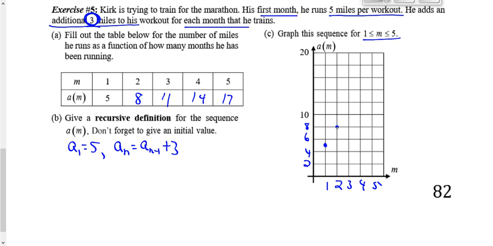Then 3 was 11. Then 4 was 14. And then 5 is 17. Are we going to connect it with a line? Drawing that line indicates in-between values of miles. It's discrete, not continuous. You understand that the line means continuous, okay?